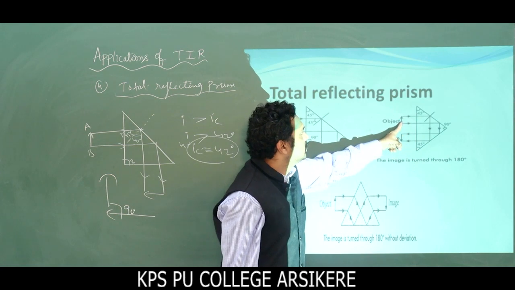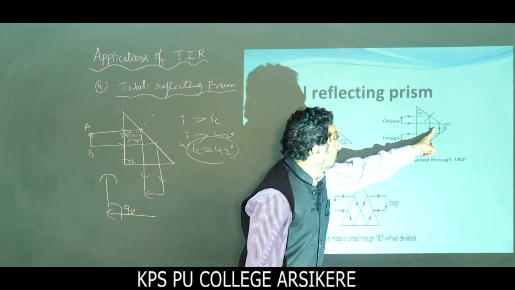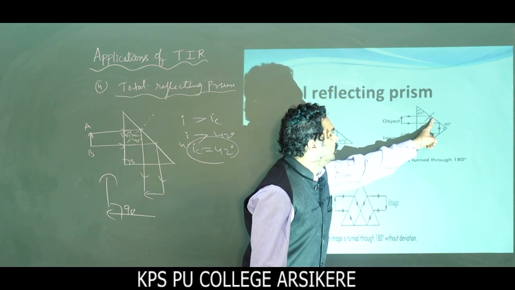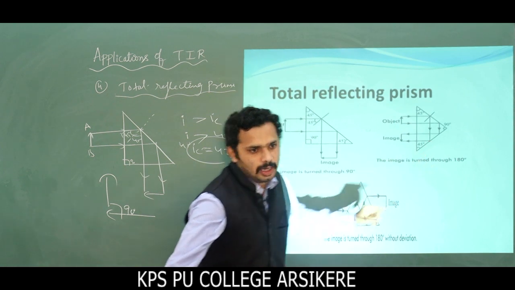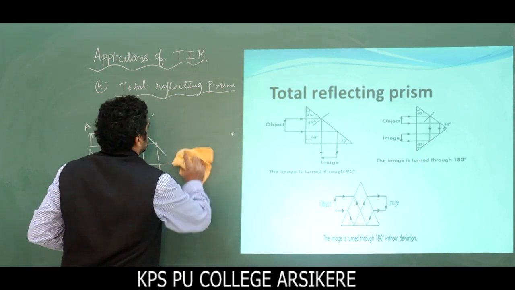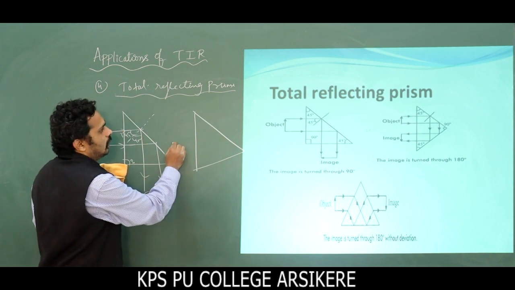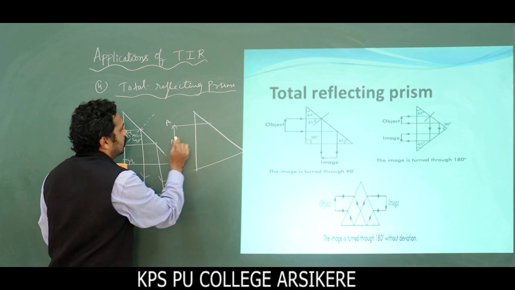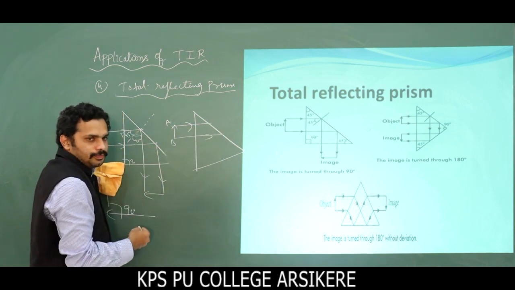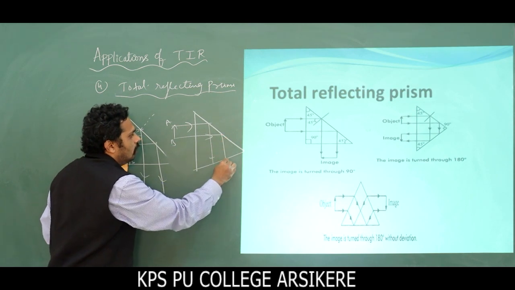Look at here, this AB is the object. From the object, we consider the light rays. Now it falls on the surface of the prism, it undergoes TIR. How TIR?